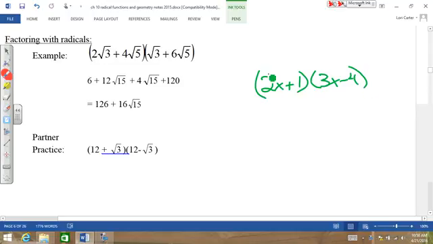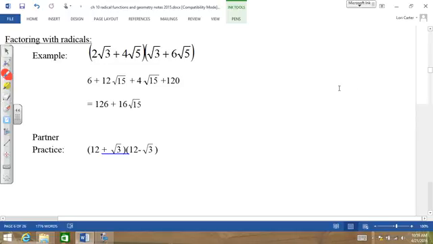You take the 2x times the 3x, and then we took the 2x times the negative 4. Then our next line we took 1 times 3x and 1 times negative 4. We distributed, correct? Nothing changes in math. No rules ever change. So we do the same thing no matter how ugly it looks.